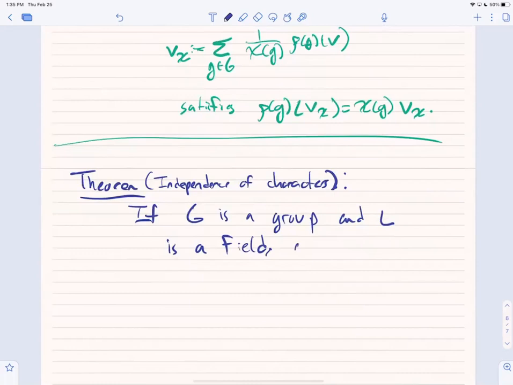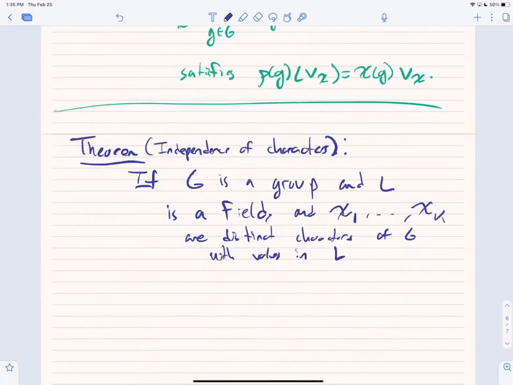And if chi 1 through chi k are distinct characters of G with values in L, then they are linearly independent.